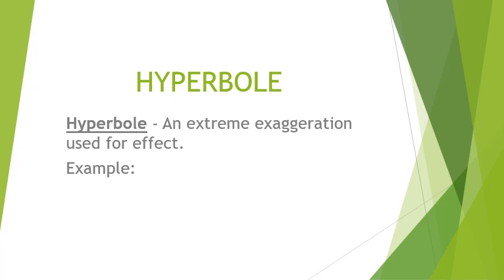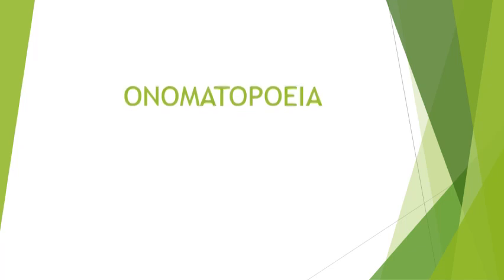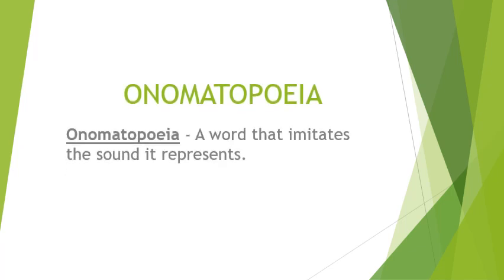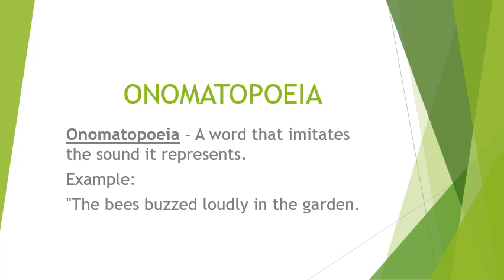For example, I'm so hungry I could eat a horse. We have onomatopoeia, a word that imitates the sound it represents. For example, the bees buzzed loudly in the garden. So it imitates the sound of a bee.